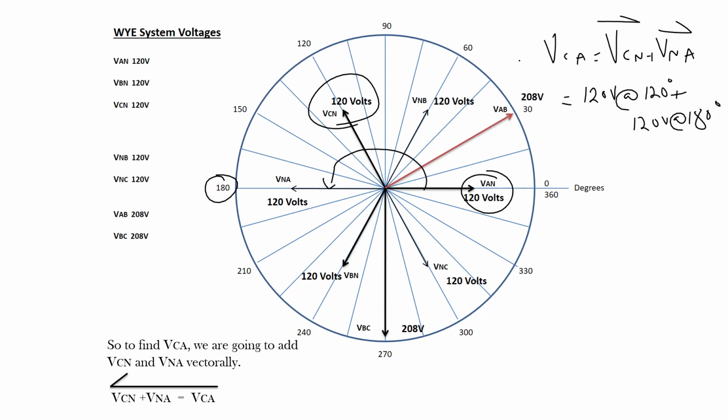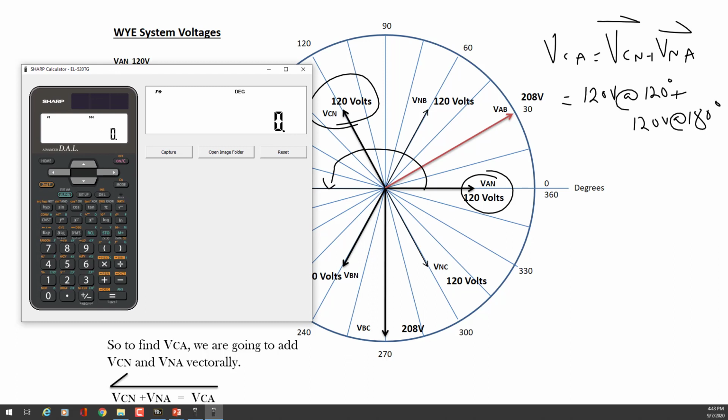Bring up our calculator here. Let's put that in the calculator. 120 DMS 120 degrees plus 120 DMS 180, and that equals 207.8. What angle are we going to be at? Well, it should be leading VCN by 30 degrees.